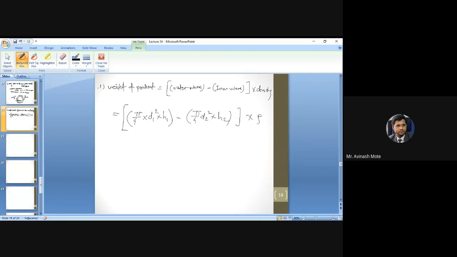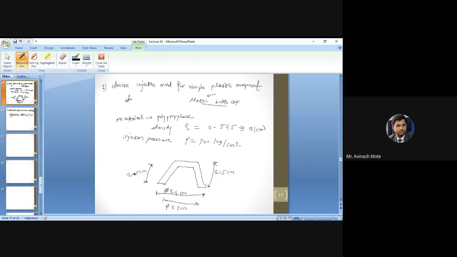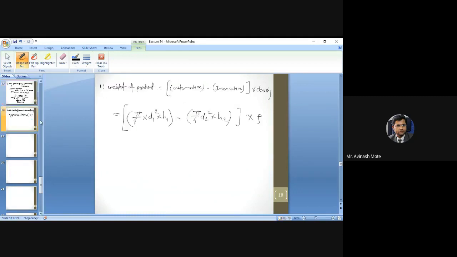So 3.4 centimeter is d1, 3.3 centimeter is d2, 2.15 centimeter is h1, and 2.05 centimeter is h2. Larger dia d1, larger height h1, smaller dia d2, smaller height h2.